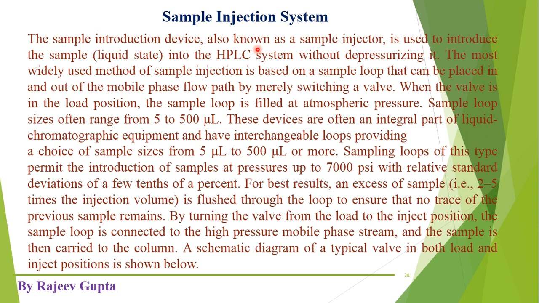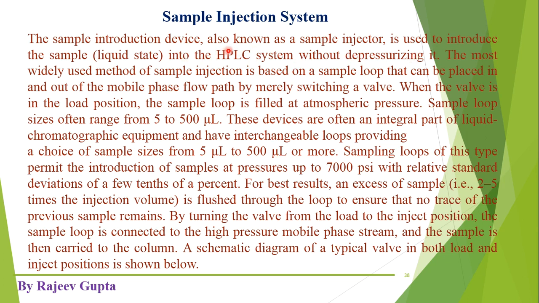The injected amount of sample is also very low. The sample injection volume could be 5 microliter to 500 microliter. So the actual sample amount which we inject in our HPLC instrument is very low.